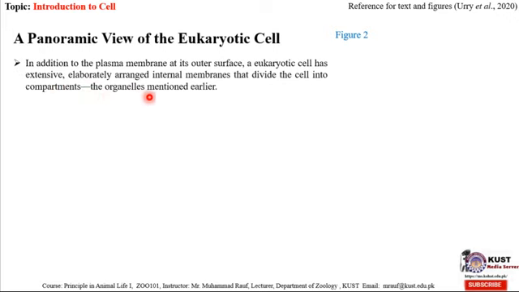The organelle is mentioned earlier. So if you remember from the discussing agenda, we said that the cell has internal compartments, and these internal compartments are bound by membranes, and because of that different activities can take place in these internal compartments.